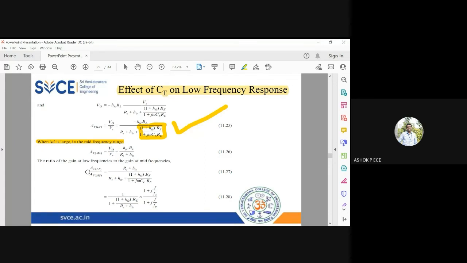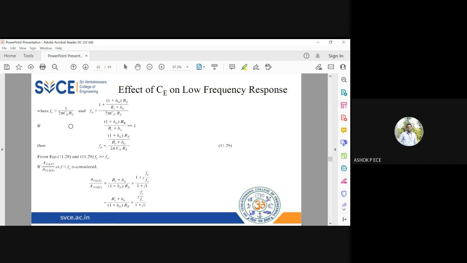So now find the ratio of the two gains, AVLF divided by AVMF. So divide this term by this term. When you divide, you get this expression: RS plus HIE by RS plus HIE plus 1 plus HFE RE by 1 plus j omega CE into RE. I am just using the two frequencies F0 and FP here.